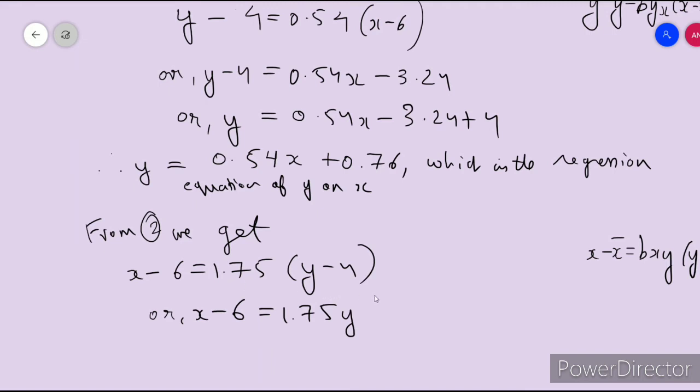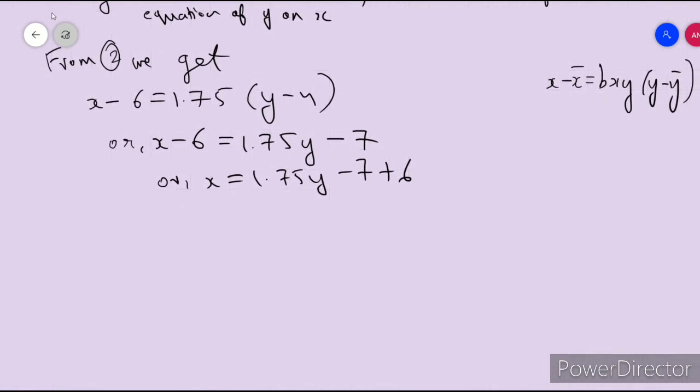1.75 into negative 4, we get negative 7. Bring 6 to the other side, we get positive 6, and because negative 7 is greater than positive 6 in magnitude, which will give us 1, we take the sign of the bigger number, which is negative, so negative 1.